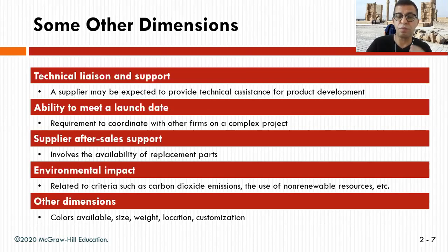As we said, supplier after-sales support involves the availability of replacement parts. If you're selling something and you don't have replacement parts, then when you buy a car or something, the first thing you are worried about is the parts.